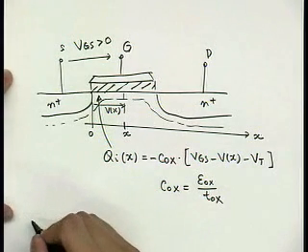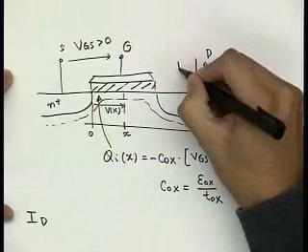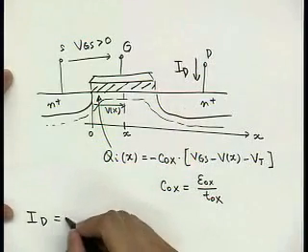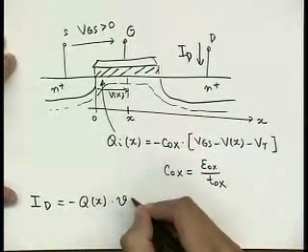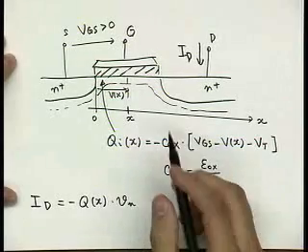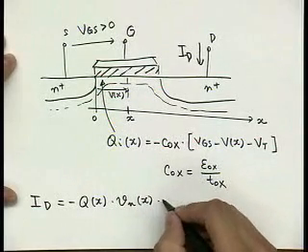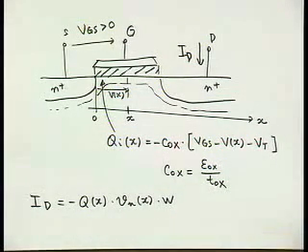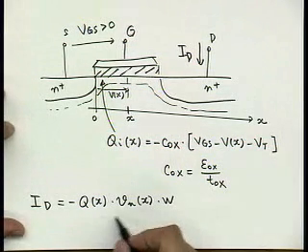So now your drain current, and the drain current is over here, is proportional to this accumulated charge. It's also proportional to the velocity of the accumulated charge, and it's also proportional to the width of your transistor. The wider the channel you have the more charge that travels across.